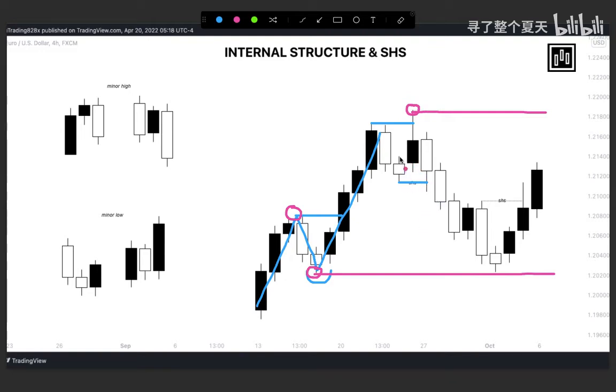So now we get an internal shift. Price ends up pushing to the downside, right? So what is it that we have around this area here? What is it that we have around that area there? I beg your pardon?